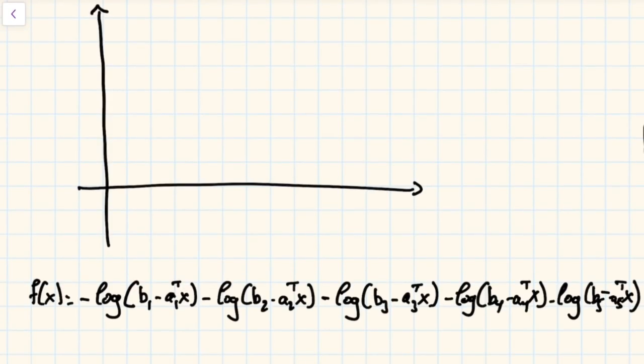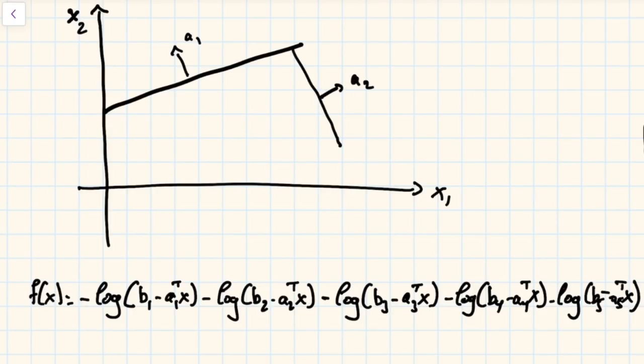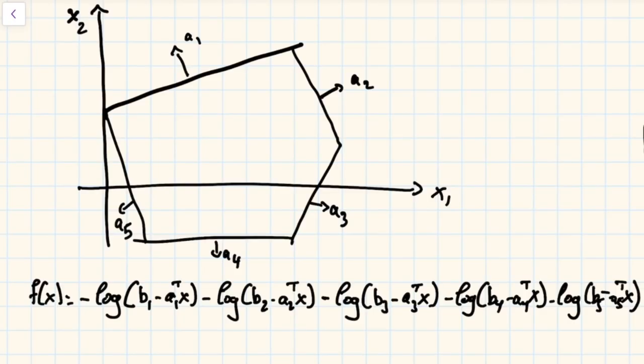Okay? What's inside the log defines a straight line in 2D or hyperplane in higher dimensions. So in other words, let's say b1 minus a1 x defines this straight line over here, such that this is my a1, this is a2, a3, a4, and a5. So the problem here is to find x that minimizes f of x. That's what we're looking for by the end of the day.